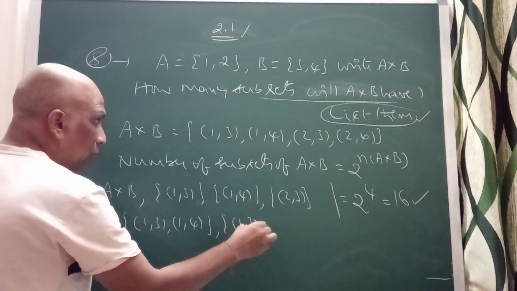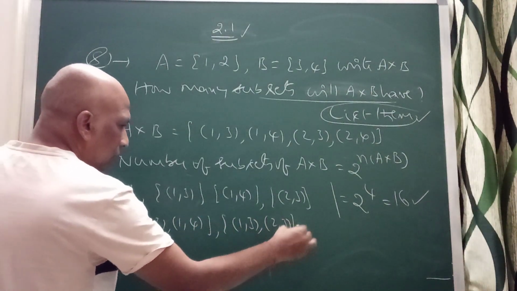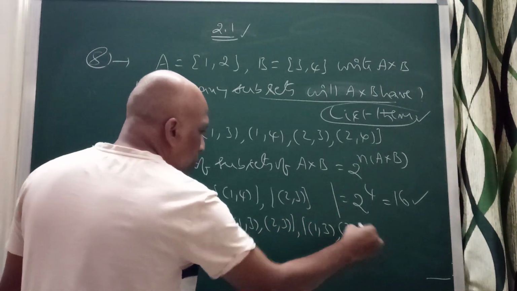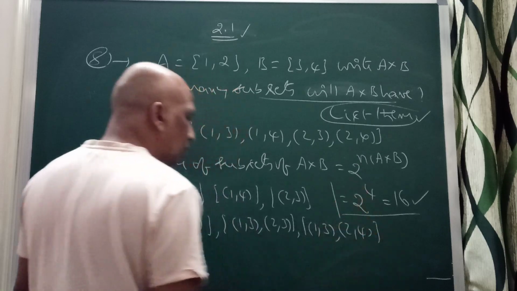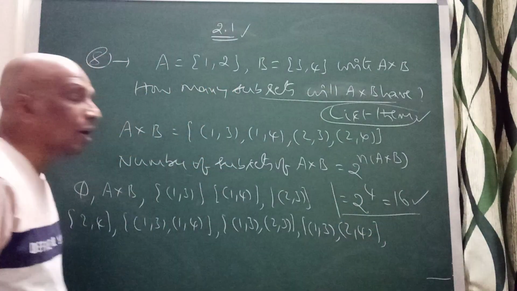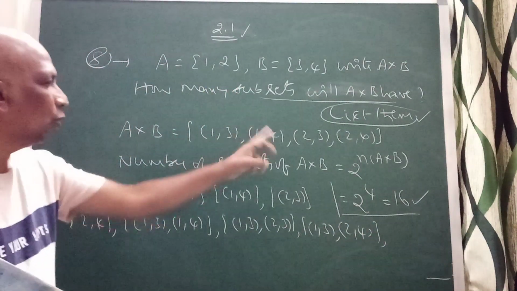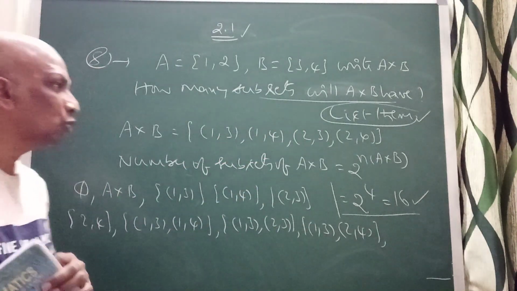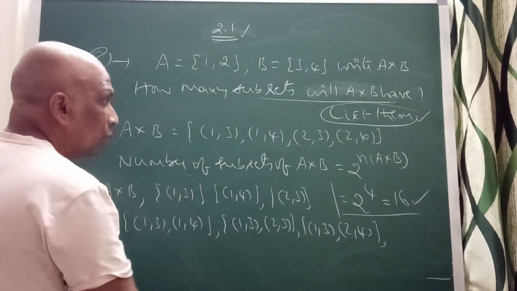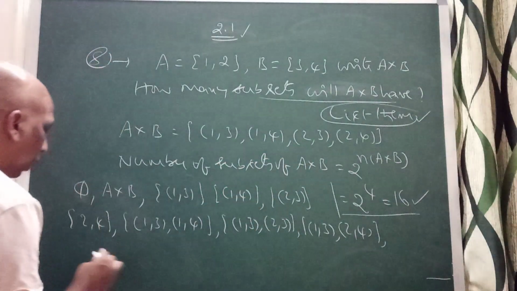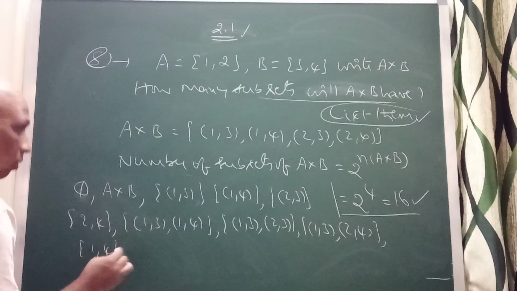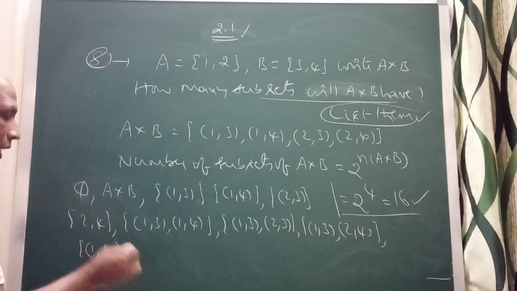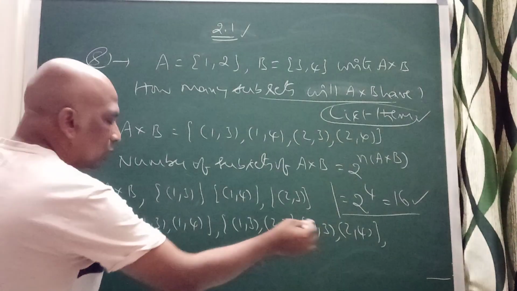Set of 1 3, 2 3, set of 1 3, 2 4. See here what I have done: 1 3, 1 4, 1 3, 2 3, I have written 1 3, 2 4. Now with the combination of this, 1 4, 2 3, I can write 1 4, 2 4, the elements you should write.